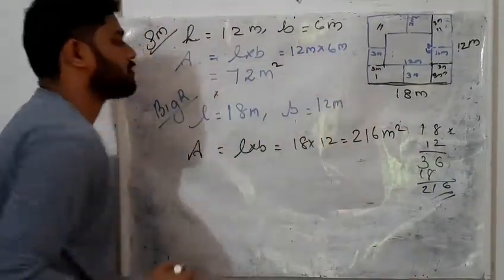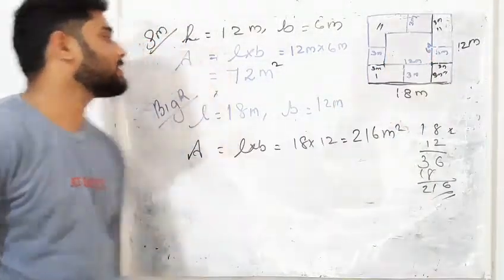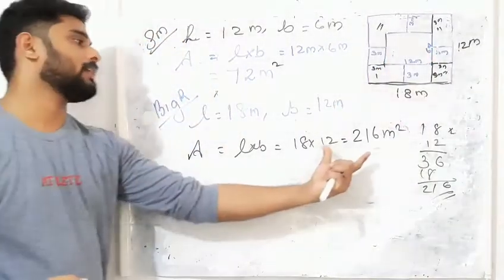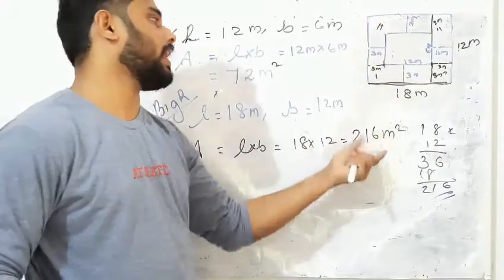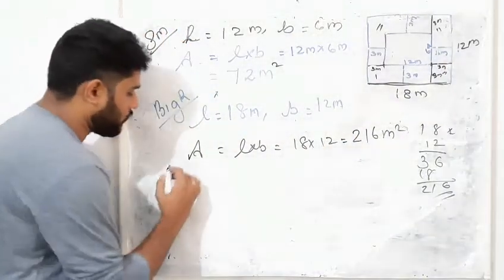So the garden area is 72 meter square and the big rectangle area is 216 meter square. We have to find the path area.